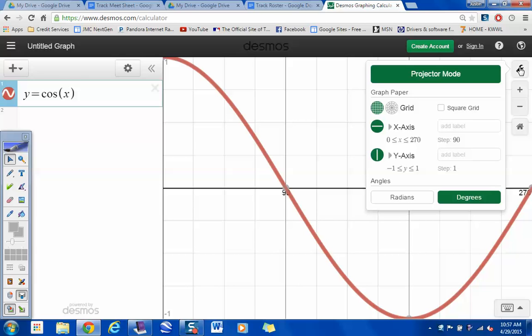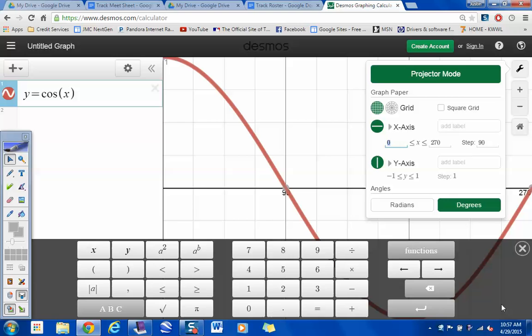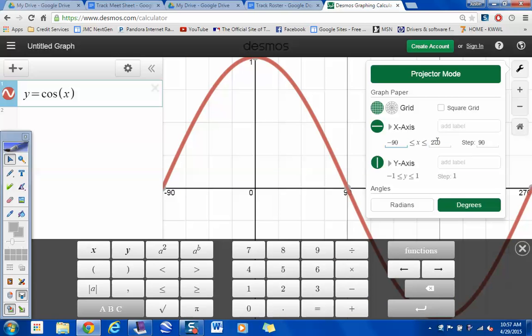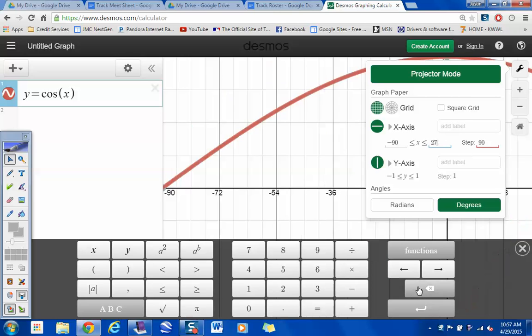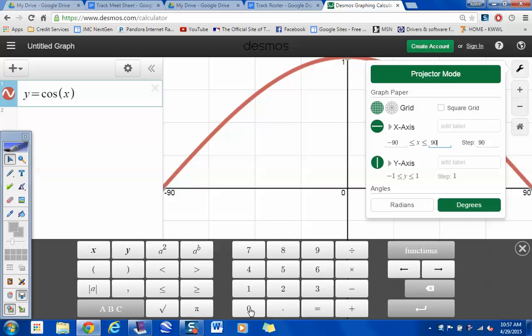But since we're in degrees on this one, let's change this. Click on that x right there. Negative 90. What's the positive here? 90. And what would be a good step in degrees?